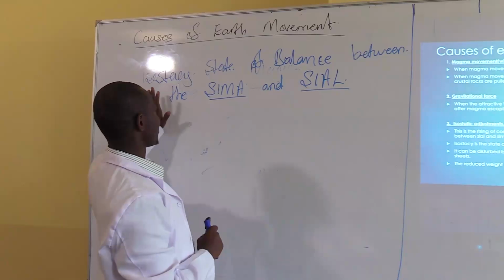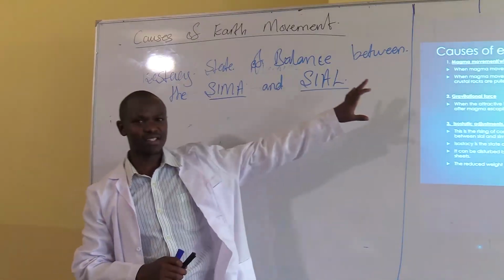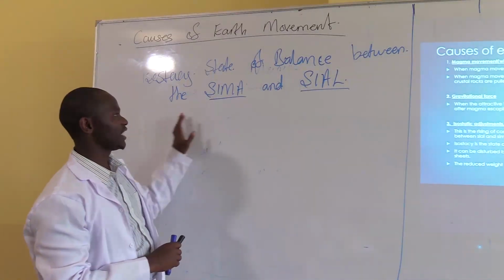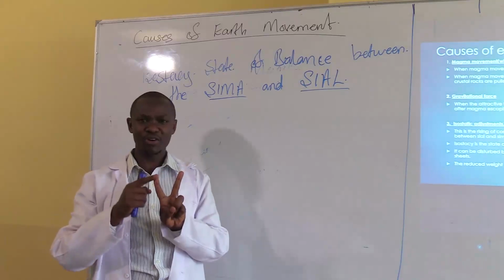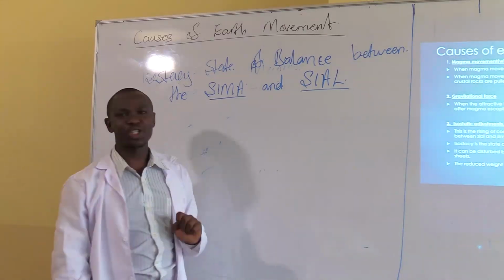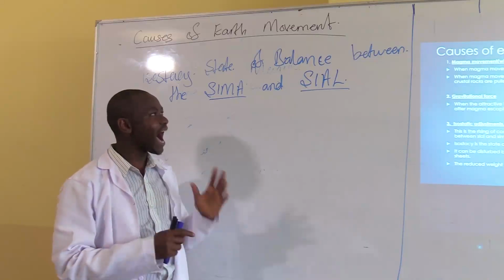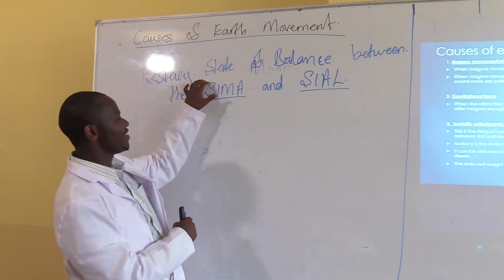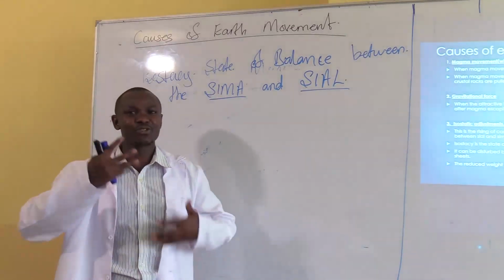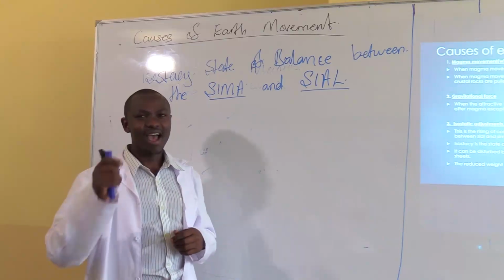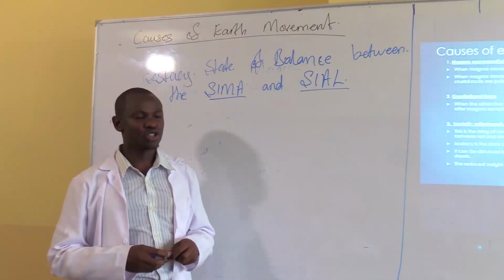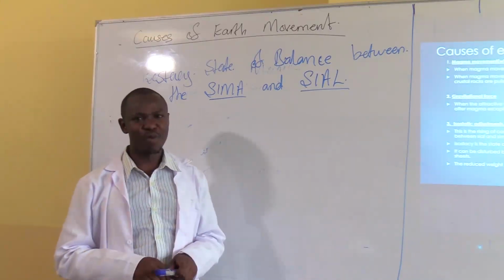And isostasy is now that state of balance between the two, the continental crust and the oceanic crust. Now I want us to discuss how does this state of balance, that isostatic adjustment, result in Earth movements?